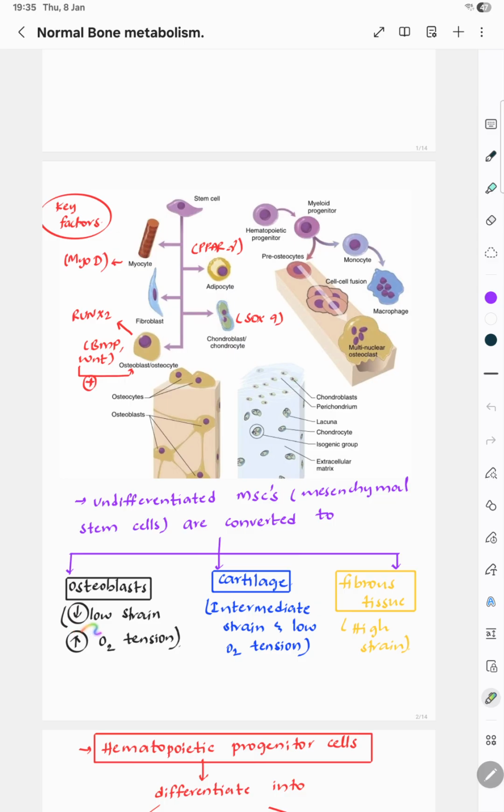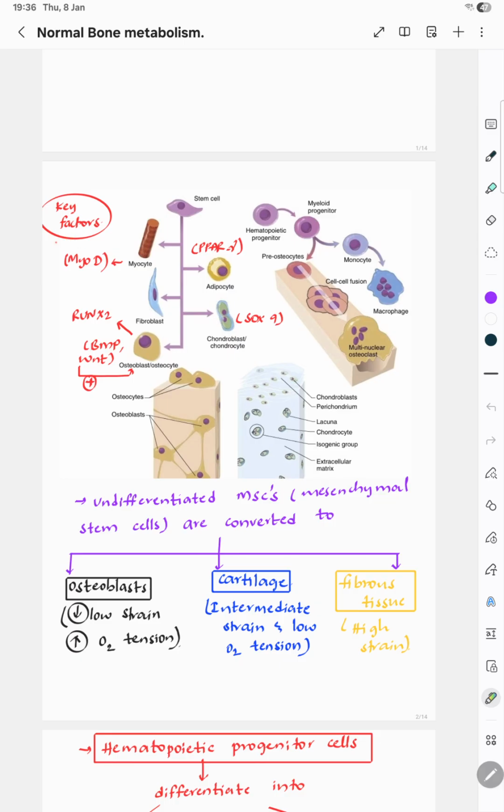Under conditions of low strain and high oxygen tension, the mesenchymal stem cells are converted to osteoblasts, and under intermediate strain and low oxygen tension, they are converted to cartilage tissue, and under high strain it is converted to fibrous tissue. And in this diagram it is depicted the differentiation of stem cell into particular tissue.